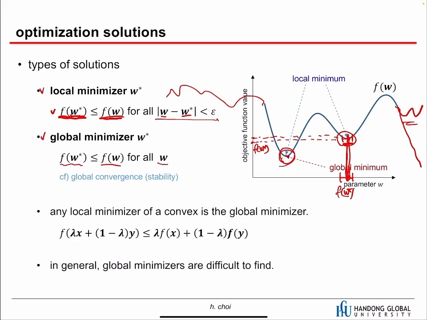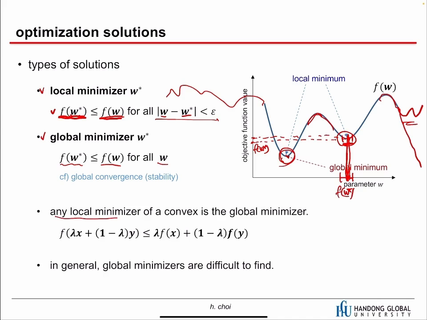We can look at the neighbors, and as long as my position is lower than the other neighbors, then I can say this place is a local minimum. But beyond this hill, what's happening? We have no idea. So usually it's not possible to find the global minimum. You don't have to be obsessive about global minimization. Usually local minimization is good enough most of the time. In deep learning, we're interested in local minima because a global minimum is not possible, and a local minimum is good enough.